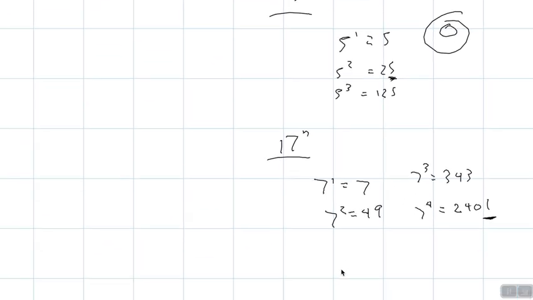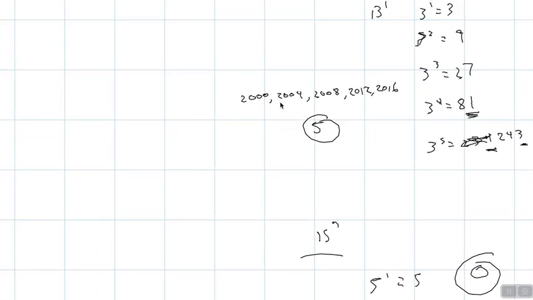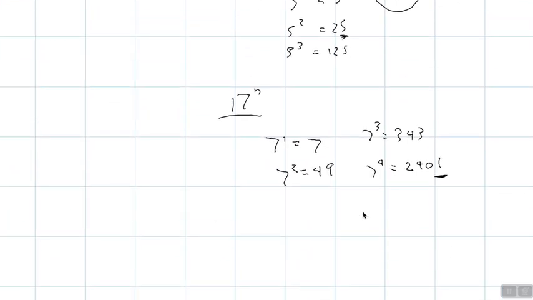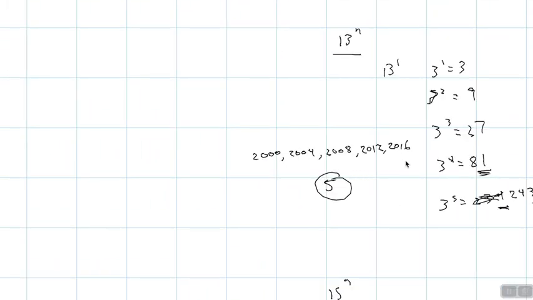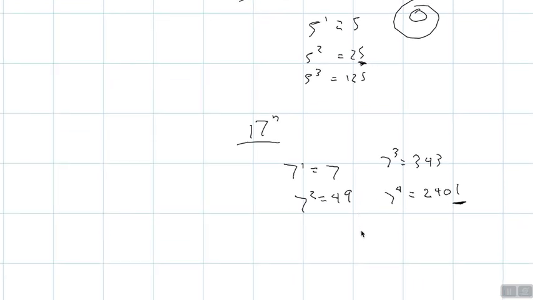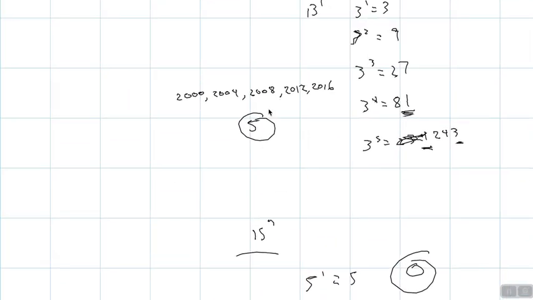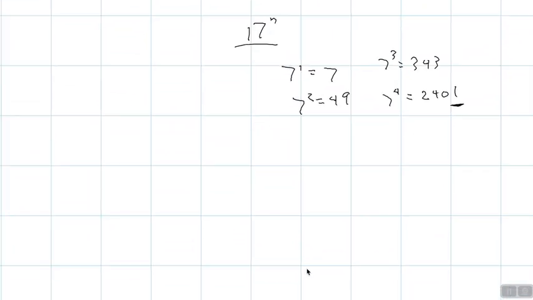So same situation where every multiple of 4 will have a units digit of 1. So that's the same case here. Every multiple of 4, 7 to the 2000, 2004, and so on, will get a units digit of 1, 17 to those exponents. So the number of possibilities will be 5, same as 13 to the n.